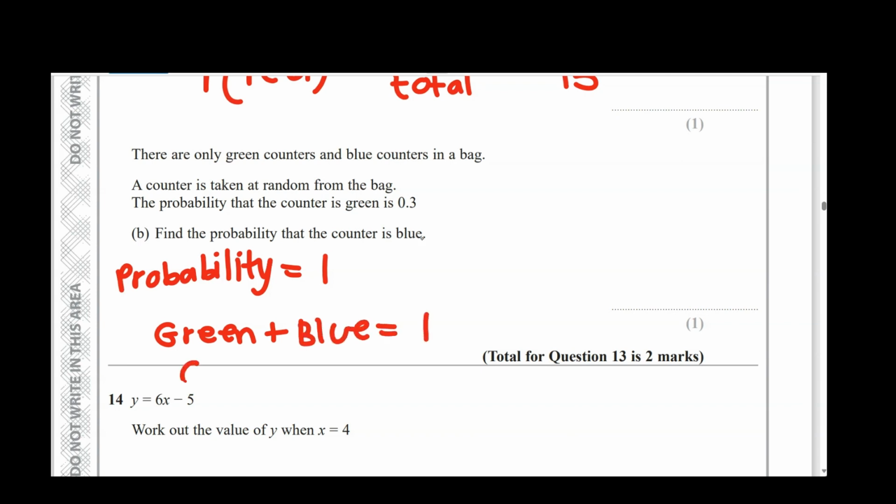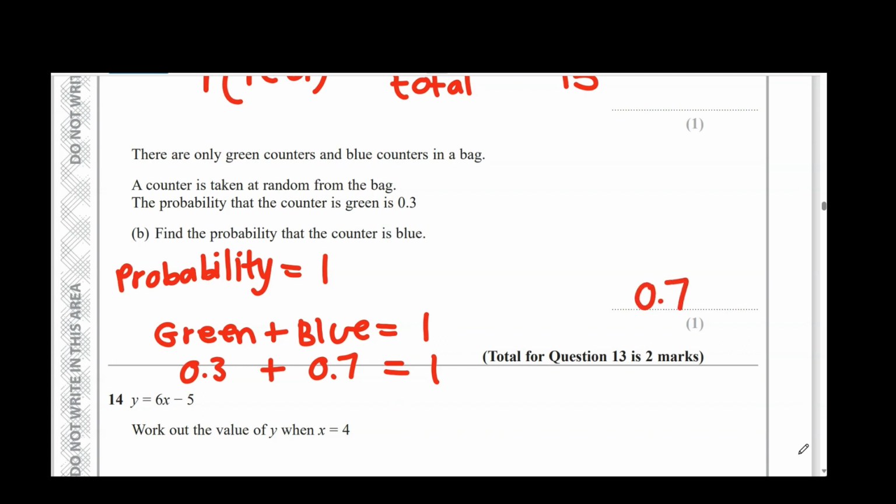I need to work out what my blue must be so that I can get 1. If the 0.3 is confusing you, just think of it as 3 and think of the 1 as 10. So 3 plus what will give me 10? 3 plus 7 will give me 10. You just put a 0. in front of it. So that is my probability that it is blue.